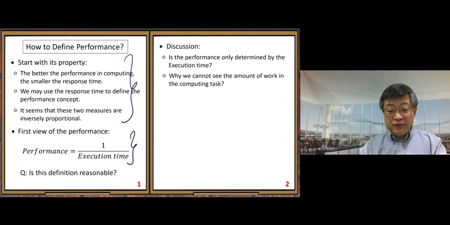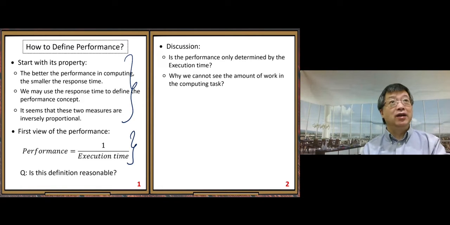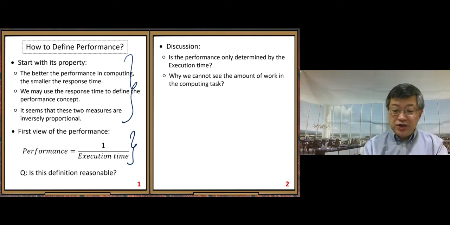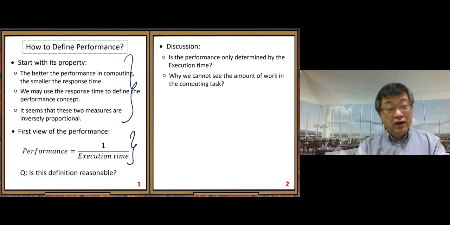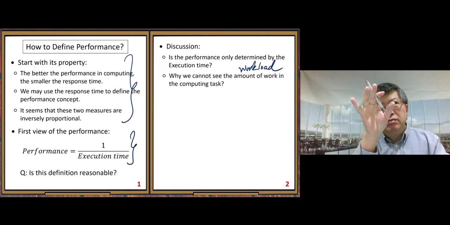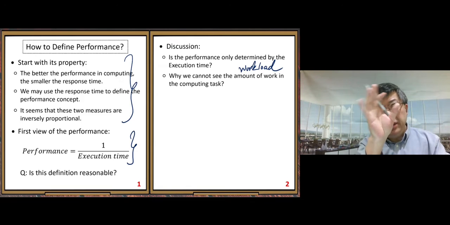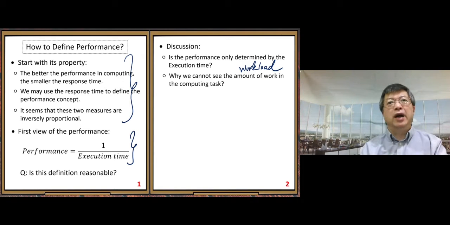Look at this: in this formula, we couldn't see the amount of work in the computing task, or in our textbook, it's called workload. We don't know how to measure workload, but there is a workload factor there, but we cannot see it in the formula.